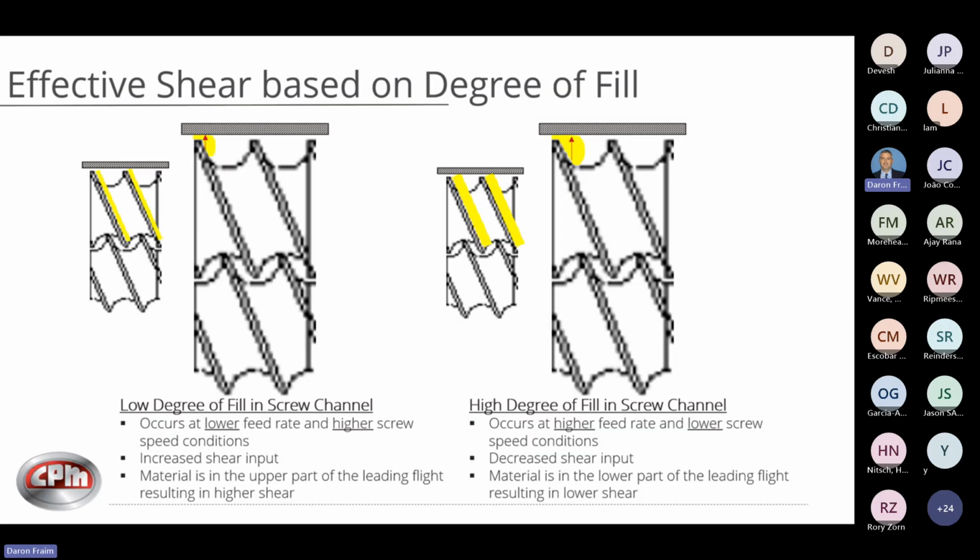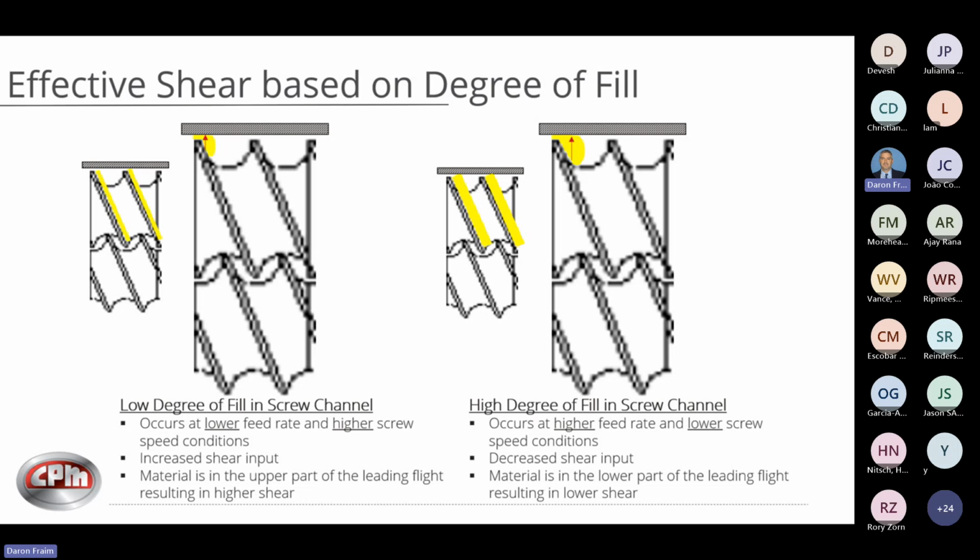On the high degree of fill it's the opposite. Let's say you're operating again at 600 RPM, but you start ramping your feed rate. You start filling that machine more. As you do that, that material extends more into the lower part of that screw channel. And so this is a lower or reduced shear input.